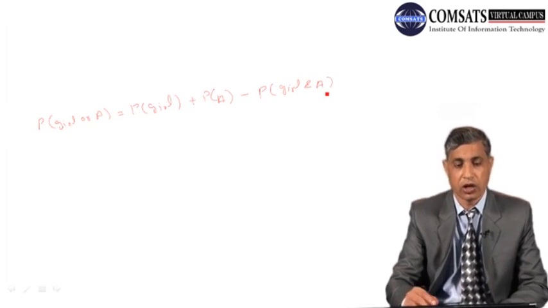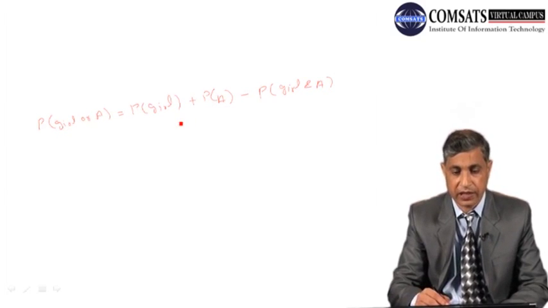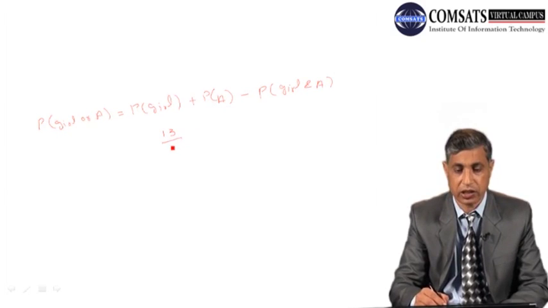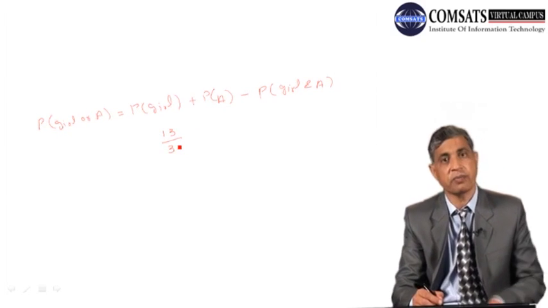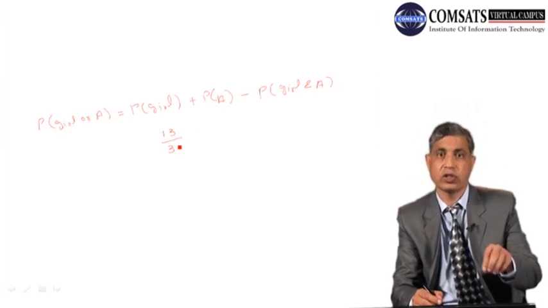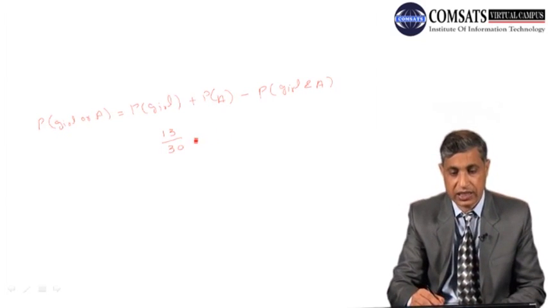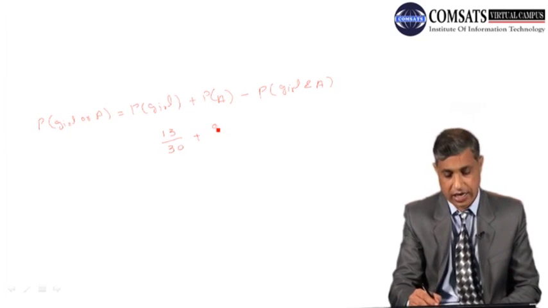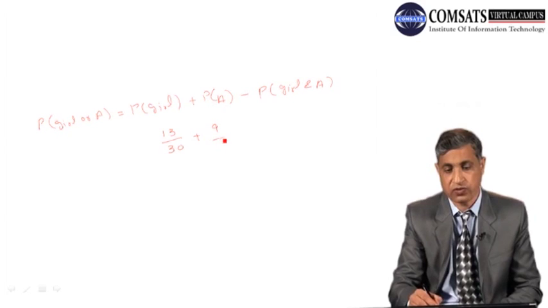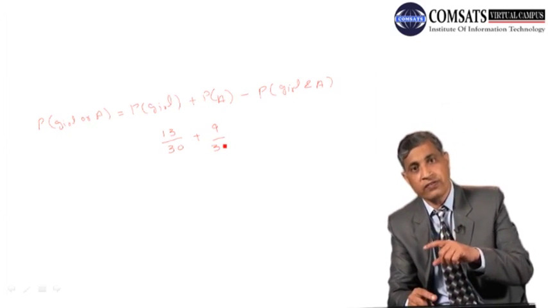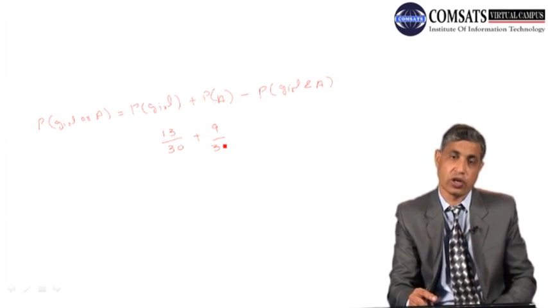So if you look at the probability of selecting a girl, there are 13 girls and the total number is 30. So this is the probability that when we select a student randomly, that will be a girl. And there are 9 people who have an A grade and the total number of students is 30. So out of 30 there are 9 A grade holders.